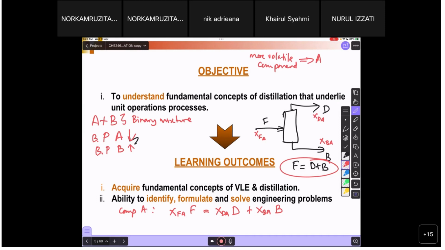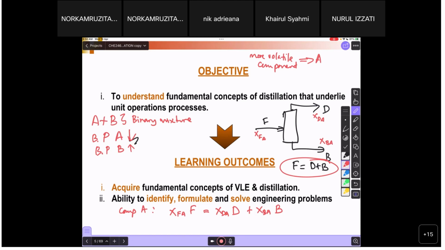Component B is less volatile because it has a higher boiling point, so more of component B will be collected at the bottom product.